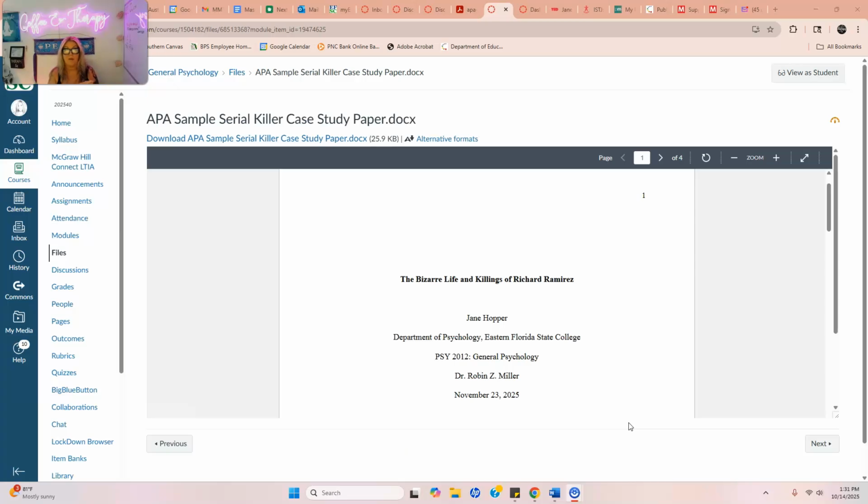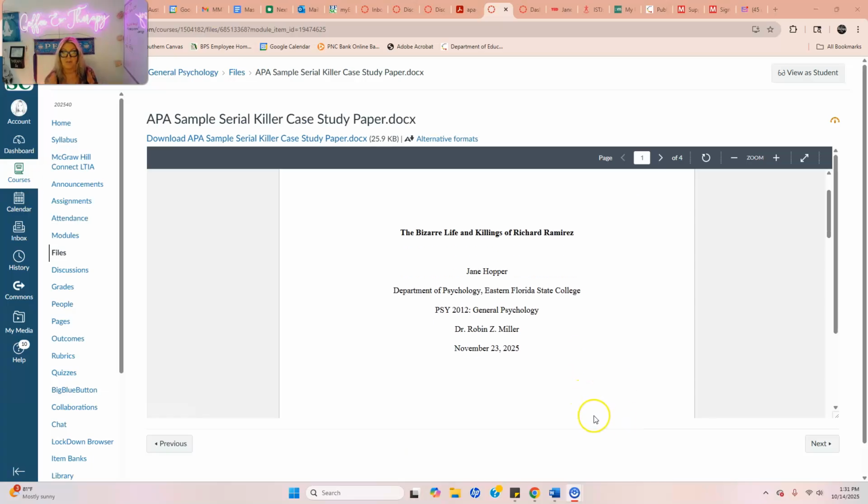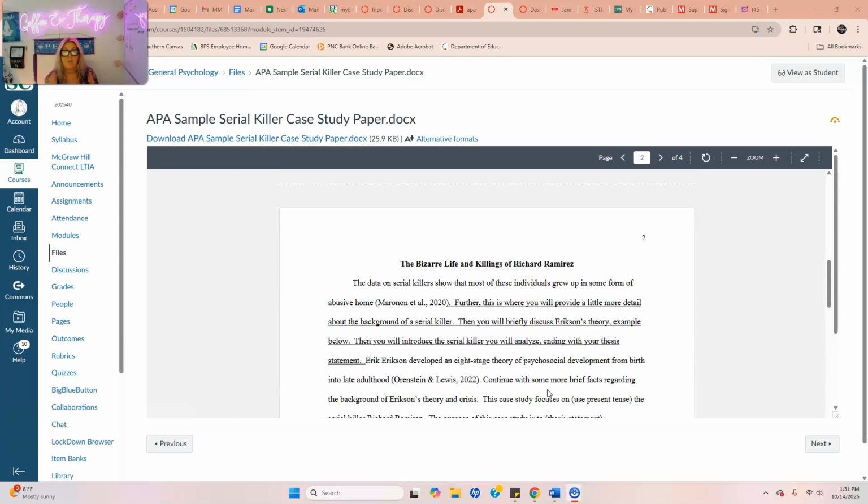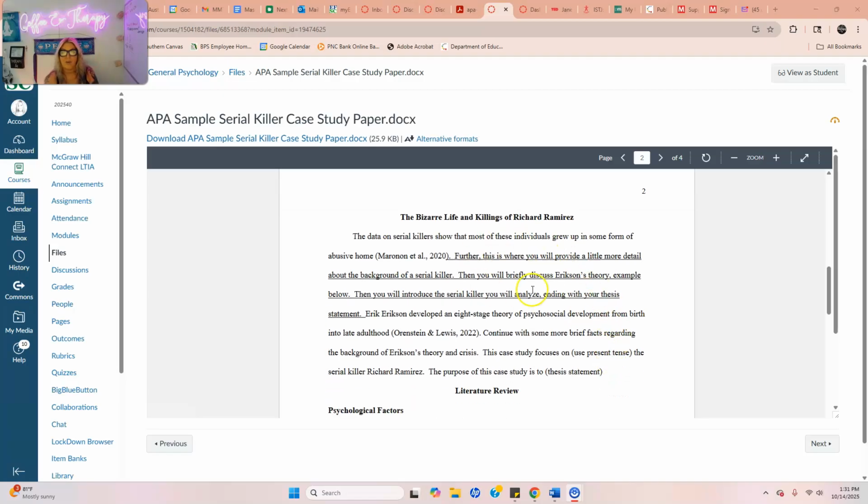It's November, spell it out, 23, comma. Remember, remove the RD or TH if it puts it there. It's just numbers. And that's what it looks like. So you've got your title page. Perfect. Then we get to page 2. So this is where, you see this, it's not going to look like this. I did this as an example for you.